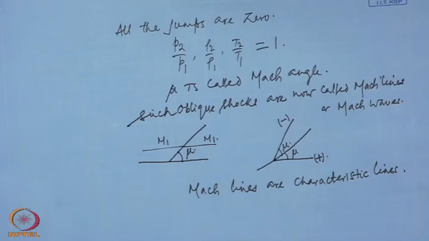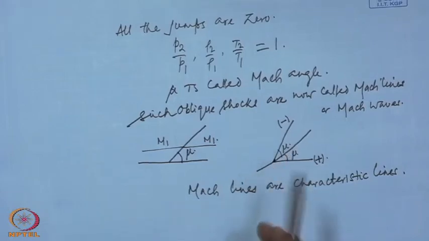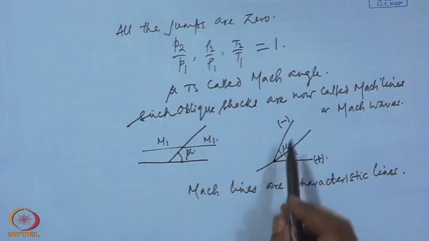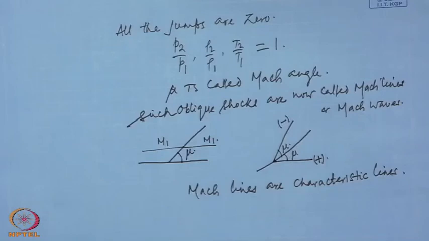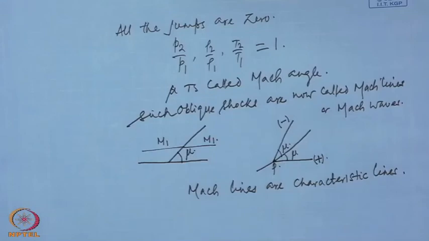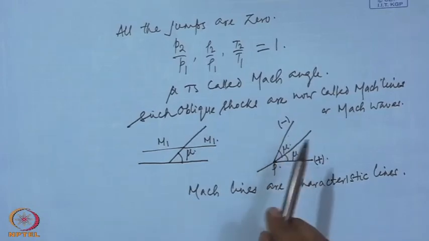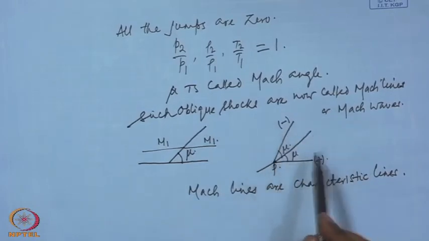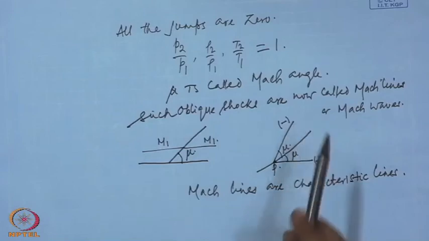So, at any point in a two dimensional flow, there are always two lines which intersect a streamline at the angle mu. Similarly, in 3D flow, the Mach lines or the characteristics define a conical surface with the vertex at P. So, a two dimensional supersonic flow is always associated with two families of Mach lines, denoted by plus or minus.